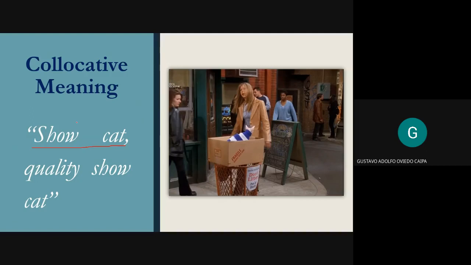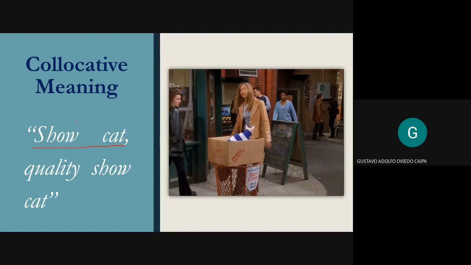When you hear show cat, you know by collocative meaning that it is not just any regular cat, but a cat of a very specific quality, normally a high quality. It's a cat that's worth a lot of money, for example, that can be shown to people and earn prizes in competitions, right?